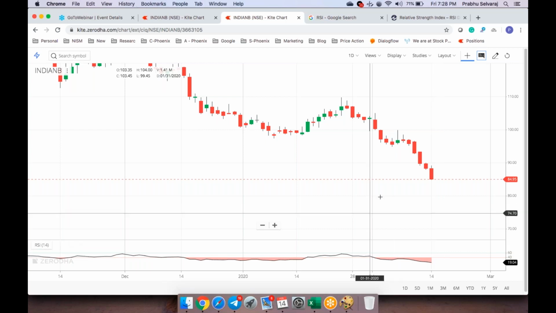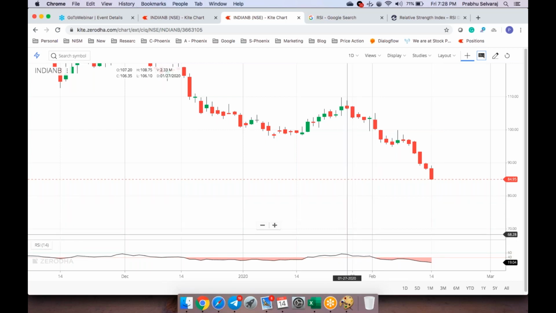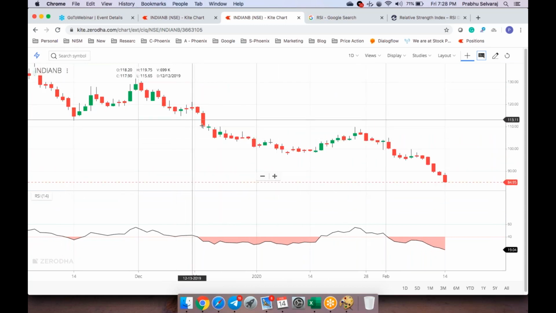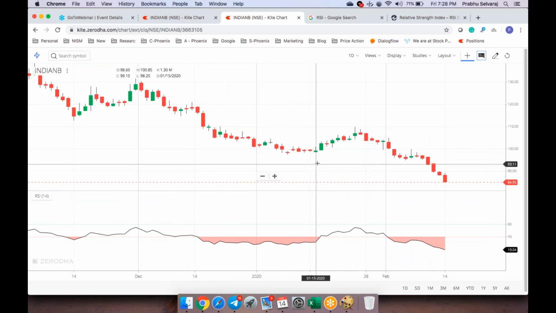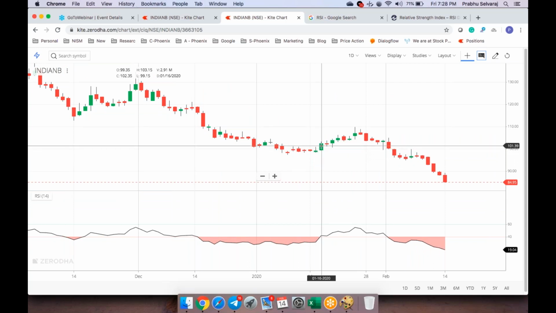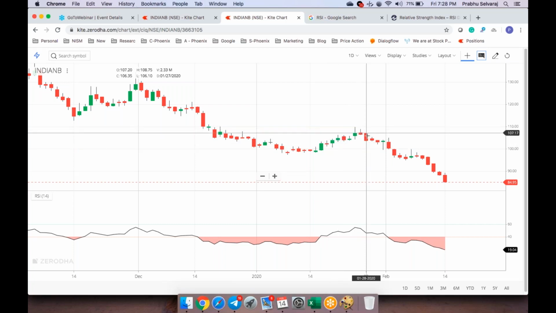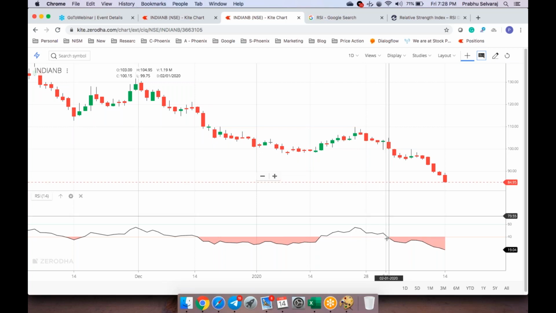In a similar example, trade from the bottom, here this candle RSI crossed 40, so I take entry only here. It went up, it could not cross 110, it reversed. Again it broke 40, a shorting opportunity.